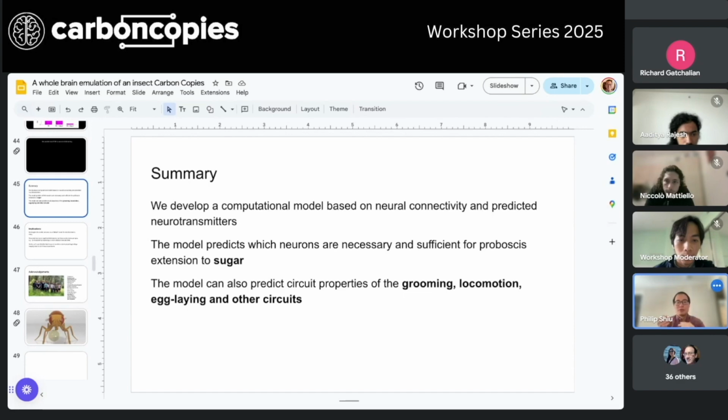Our lab was a taste lab, other labs are locomotion labs. But one exciting application of this is being able to integrate between multiple circuits that really have been previously studied mostly in isolation.